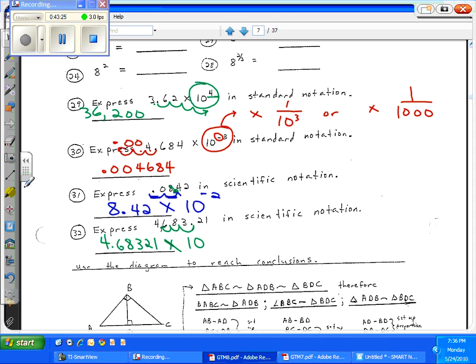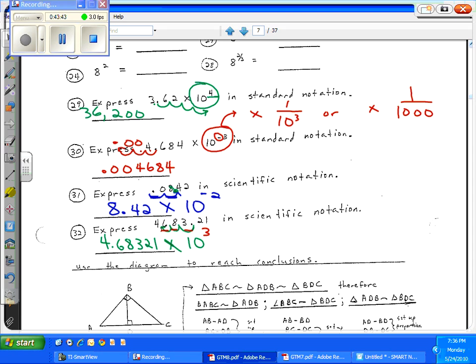Now, what we've done is we've made this number way too little. So we're trying to make it big again. To make it big, we need to be multiplying by 10s, so we need a positive exponent. We had shifted it 3 times, so that exponent's going to be a 3. Any questions on that?